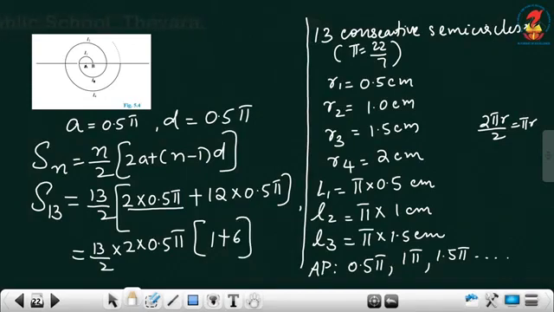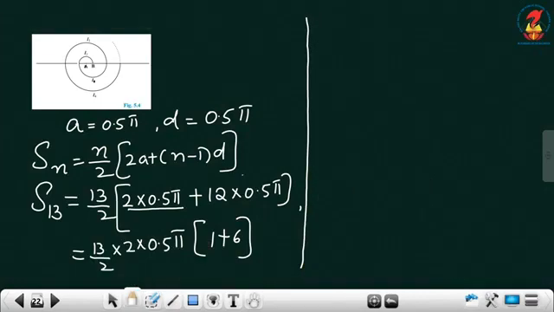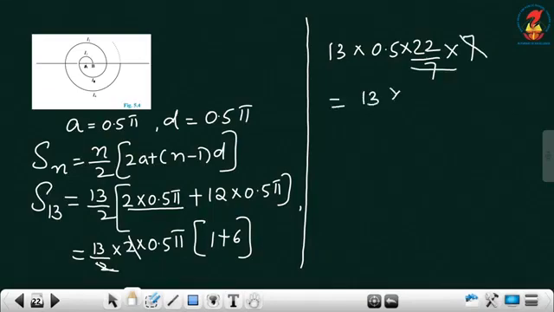So it is equal to, 2 and 2 will be cancelled. 13 × 0.5 × π, instead of π we can use 22/7 × 7. So 7 and 7 will be cancelled and the final answer is 13 × 11, which is equal to 143 centimeter. This is the total length of the spiral.